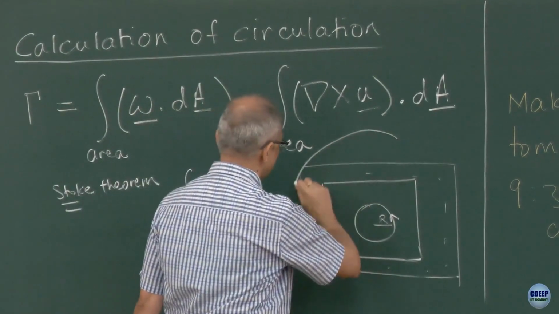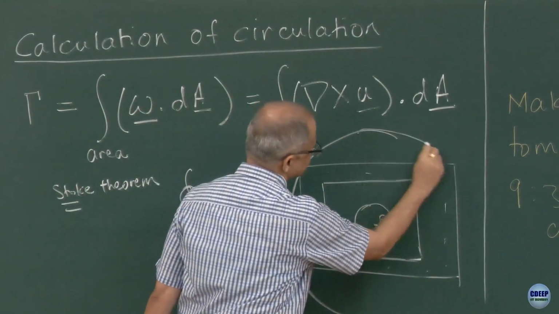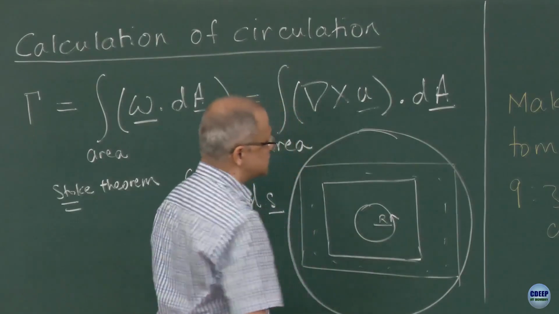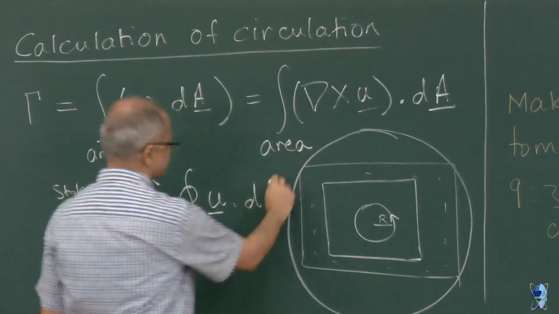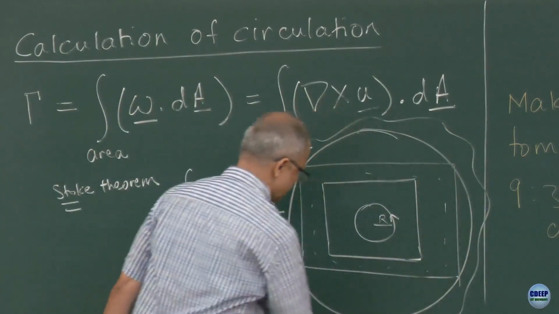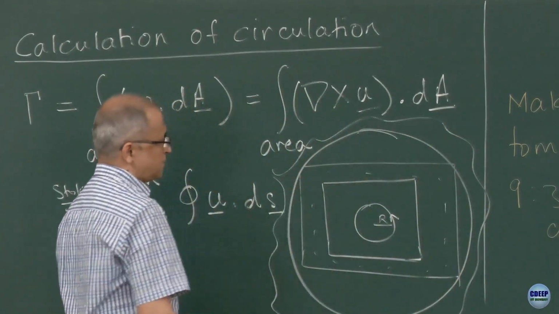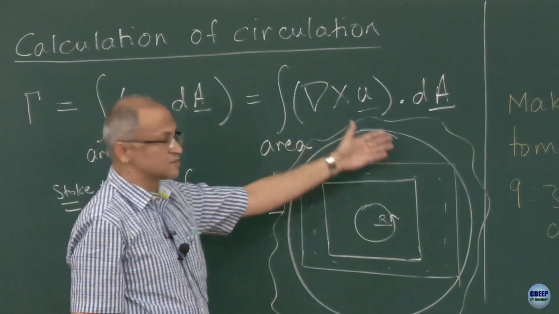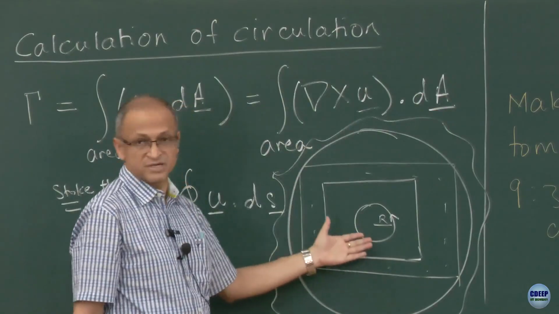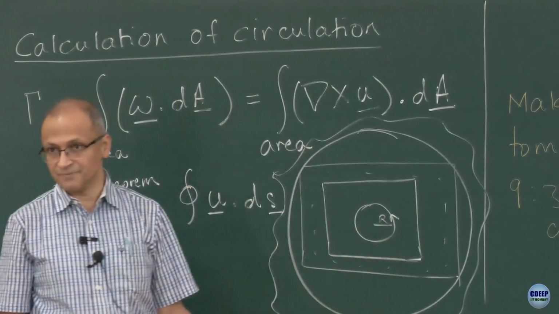Similarly, if I change the shape, let us say I go from a regular shape to an irregular shape like this, the vortex circulation inside is still the same.